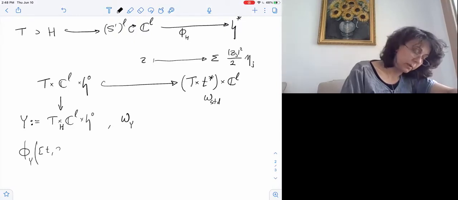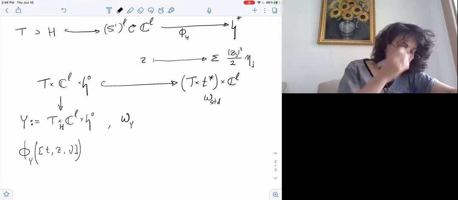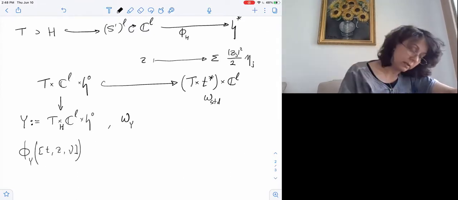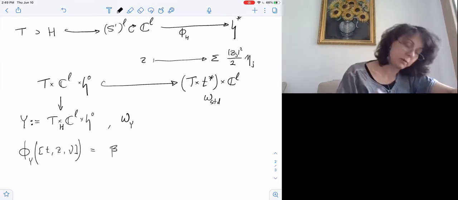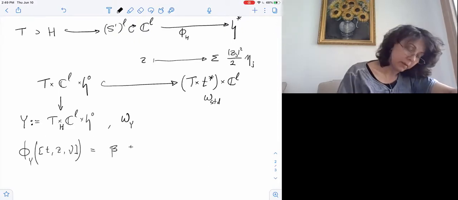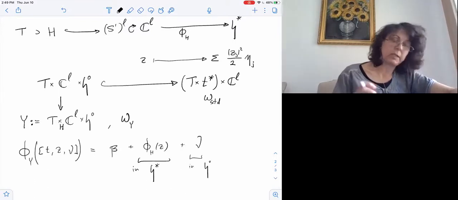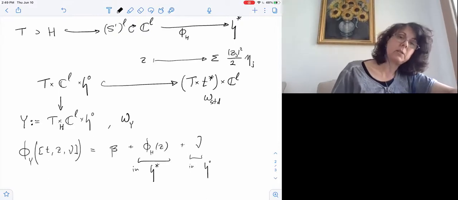So an element in the model is represented by a triple [t, z, nu], where t is in the torus, z in C to the L, and nu is in the annihilator of the Lie algebra of H. And the momentum map takes it to some constant, I don't care what it is, plus we apply the quadratic momentum map to z, and this gives us something in the dual of the Lie algebra of H. And then we just add nu itself, which is inside the annihilator, and we're secretly identifying T star with H star cross H naught.